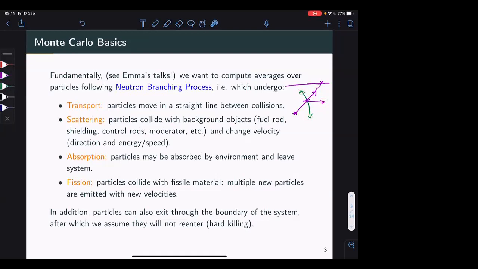So in stability, if you have a critical reactor, what you would expect is the fission generation, so these three particles here, is going to be offset by loss either to the boundary or through absorption.